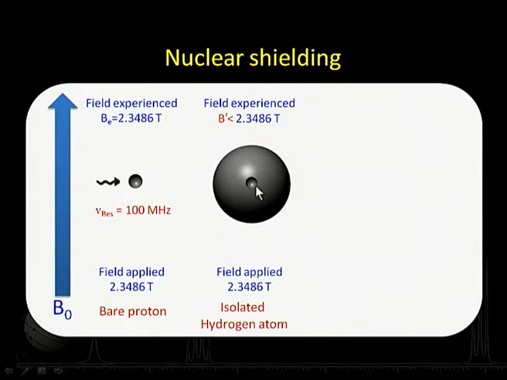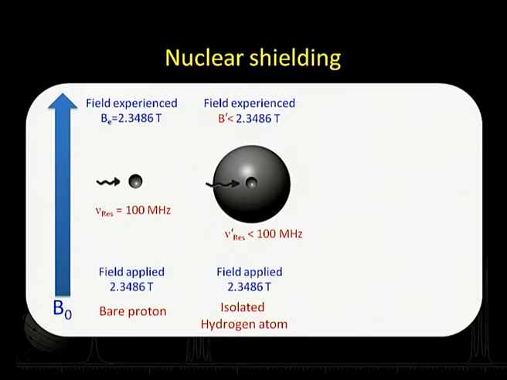So, as a consequence, the effective field on the nucleus will be lesser than the applied field. As a consequence, this will come to resonance at a frequency lesser than the 100 megahertz for the bare proton. That is the meaning of the contribution of the electron cloud around the nucleus.